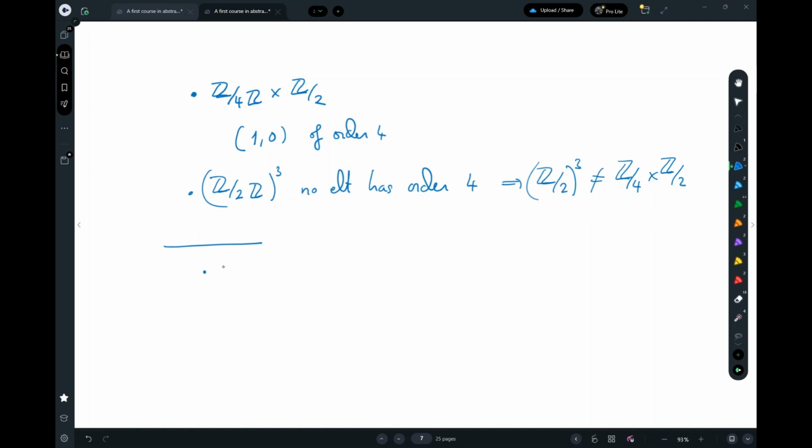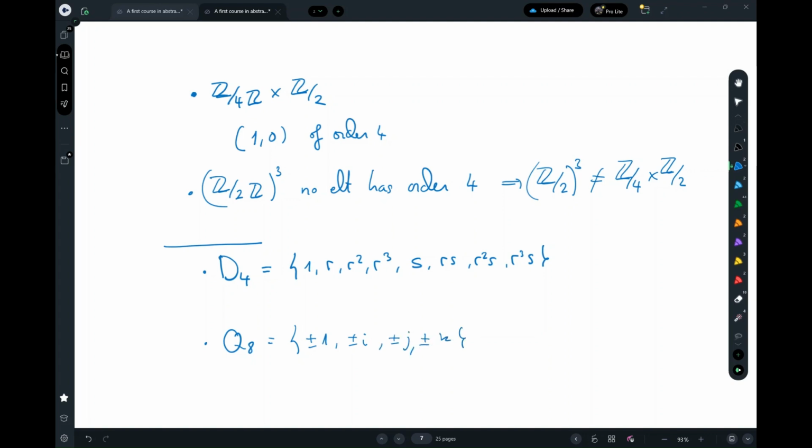So remember again that D4 is the identity, r squared, r cubed, s, rs, r squared s, r cubed s, and Q8 has plus or minus 1, plus or minus i, plus or minus j, and plus or minus k as its elements.